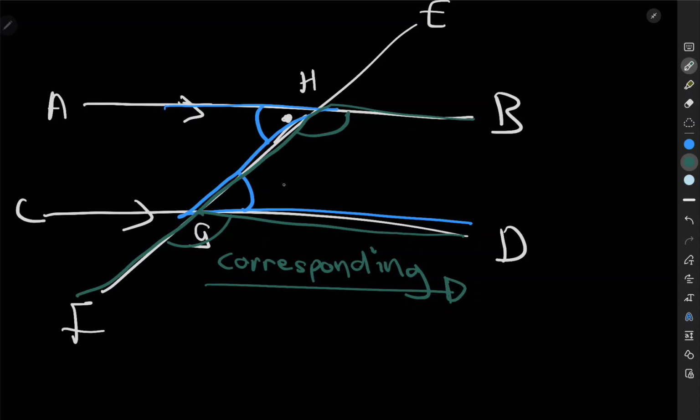And last but not least, another one that we spoke about was co-interior, and we can deduce that this angle and this angle, if we add them together, are going to be supplementary.